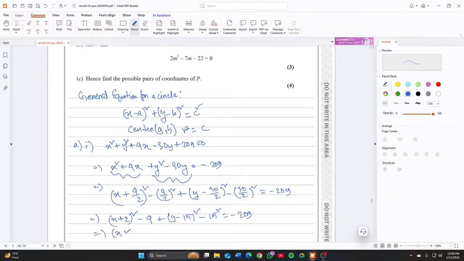Therefore x plus 2 whole squared plus y minus 15 whole squared equals minus 209 plus 15 squared plus 4, which gives us 20.